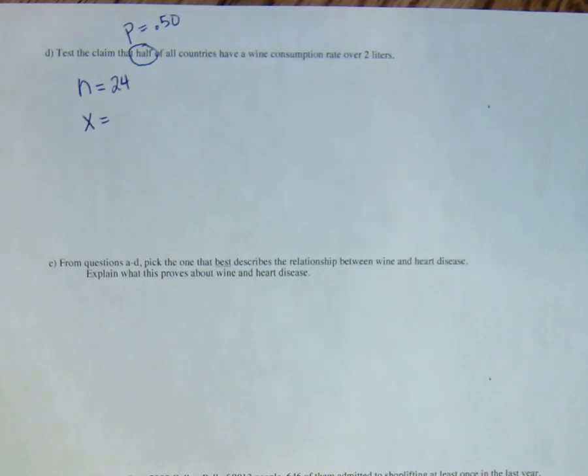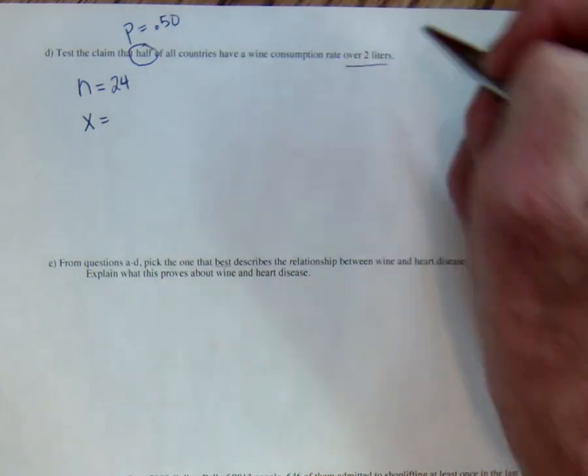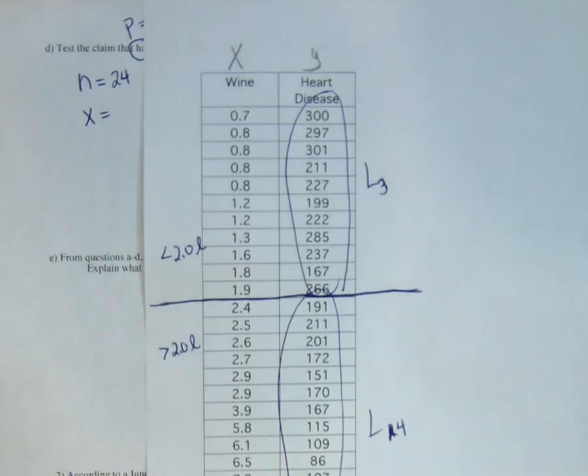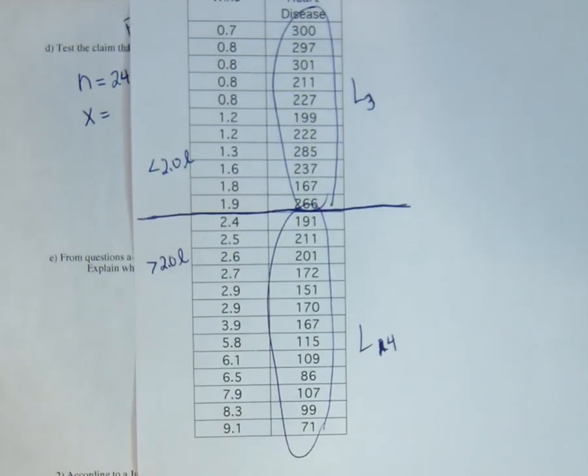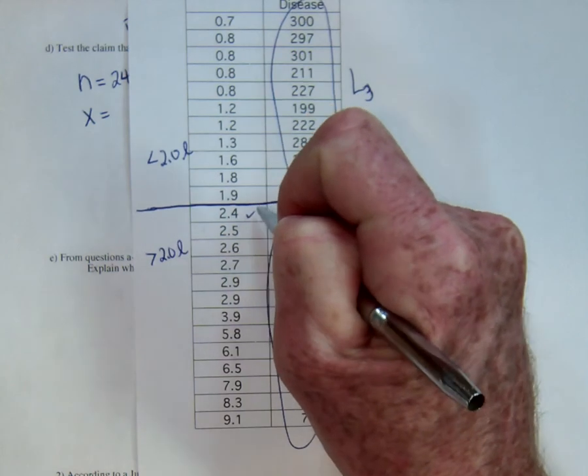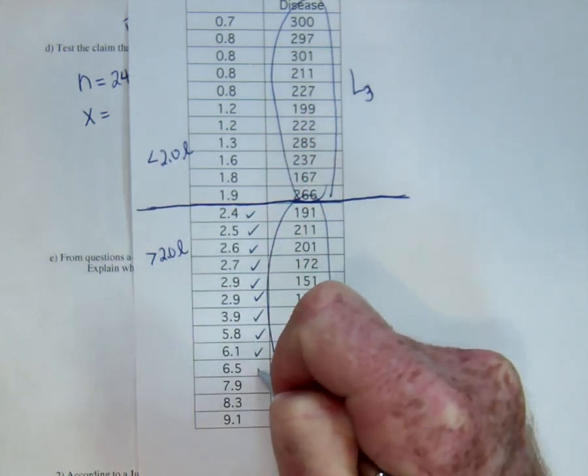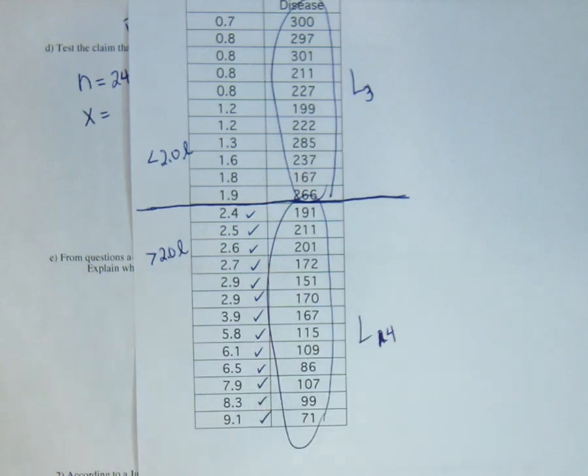And then the successes will be those that have over 2 liters. So over 2 liters of these. So 1, 2, 3, 4, 5, 6, 7, 8, 9, 10, 11, 12, 13.